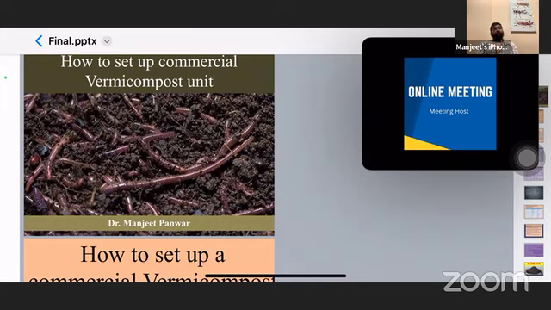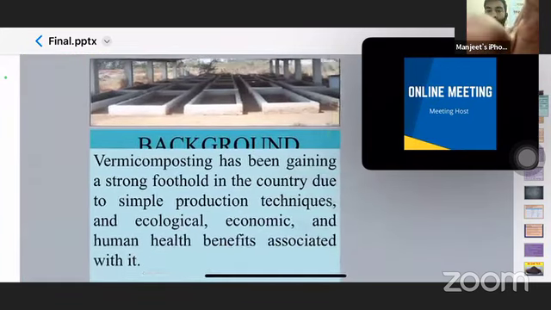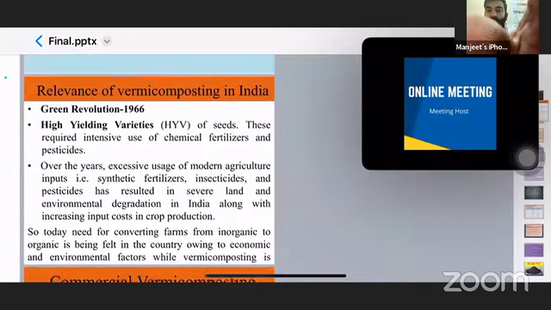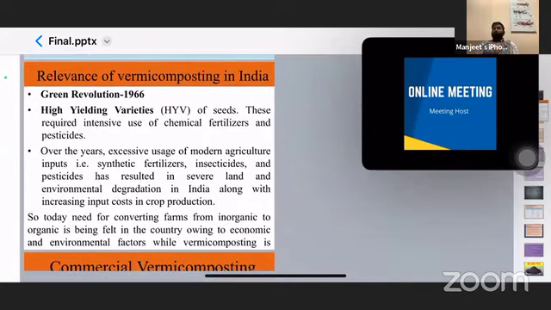the nation. Over the years, excessive use of modern agriculture inputs like synthetic fertilizer, insecticide, and pesticide has resulted in severe land and environmental degradation in India, along with increasing input cost of farming day by day.